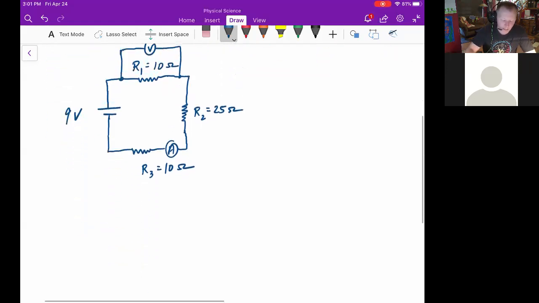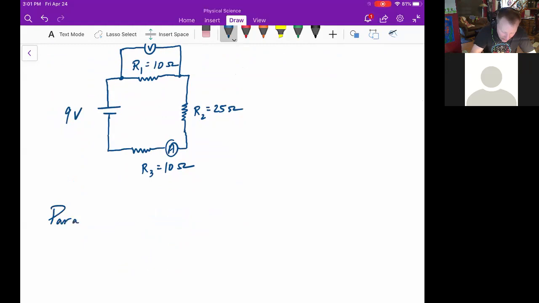Now my parallel circuit, remember the key to parallel circuits is that there are multiple paths. And in fact, with ours, we had one loop or one path for each of our resistors.